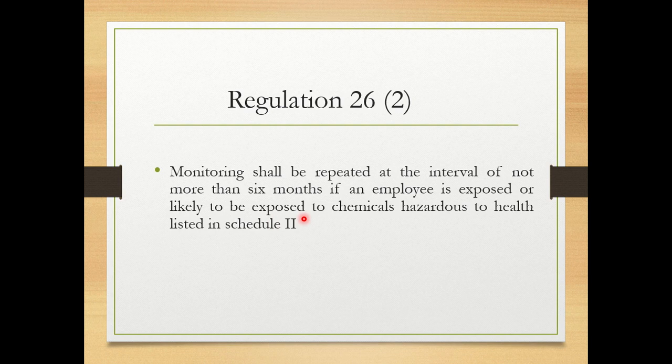So let's say the workers in company A have symptoms of exposure to chemicals, then the employer shall ensure that the monitoring is conducted not more than 6 months after the company knows that the workers have been exposed.